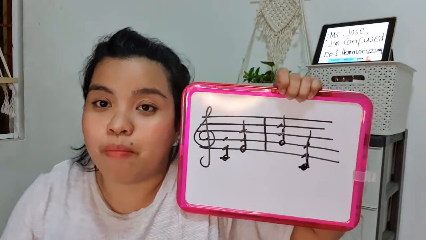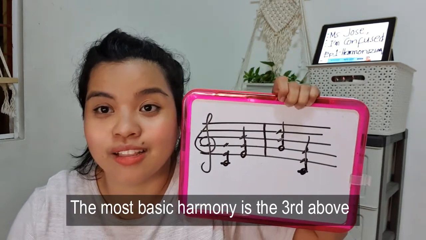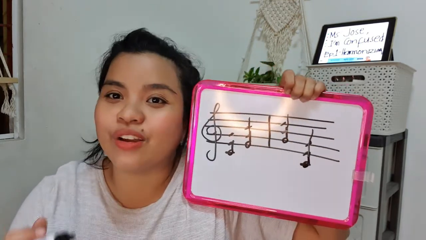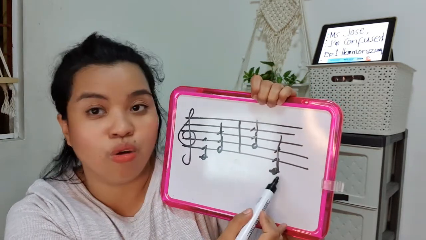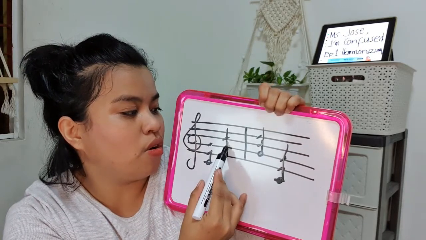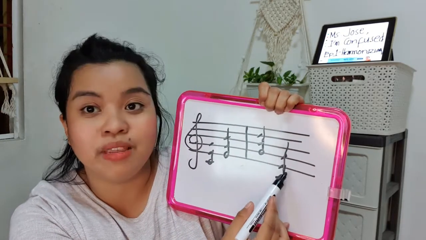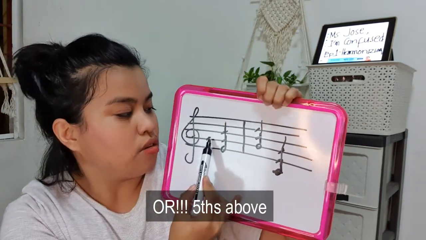Now, the most basic harmony is the third. So, when the recording sings do, mi, so, do, you may sing mi, sol, si, mi, or you can do fifths.